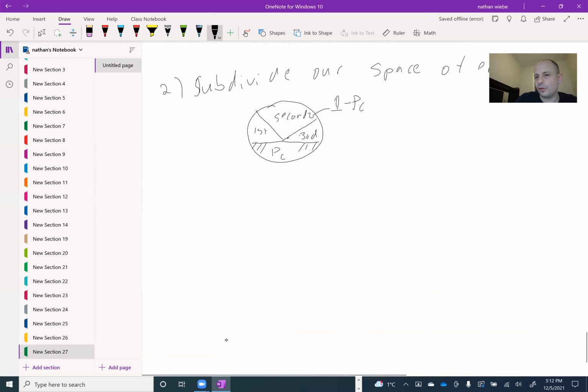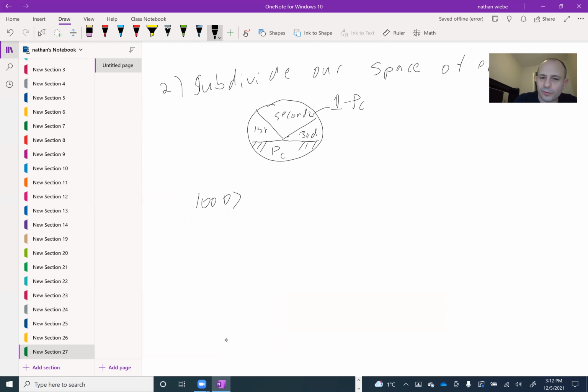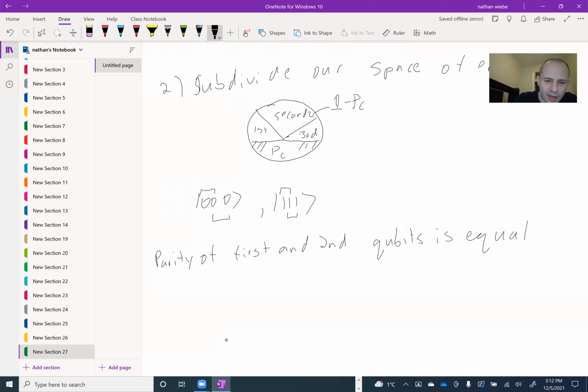The way we're going to do this is we're going to take a look at the structure of our code. The structure of our code words was as follows. We're going to have 000 and 111 as our 2 code words. You'll notice that there's a beautiful symmetry behind it. Both of these code words have even parity for the first 2 and even parity for the second 2. So the parity of the first and second qubits is equal, and same for the second and third.